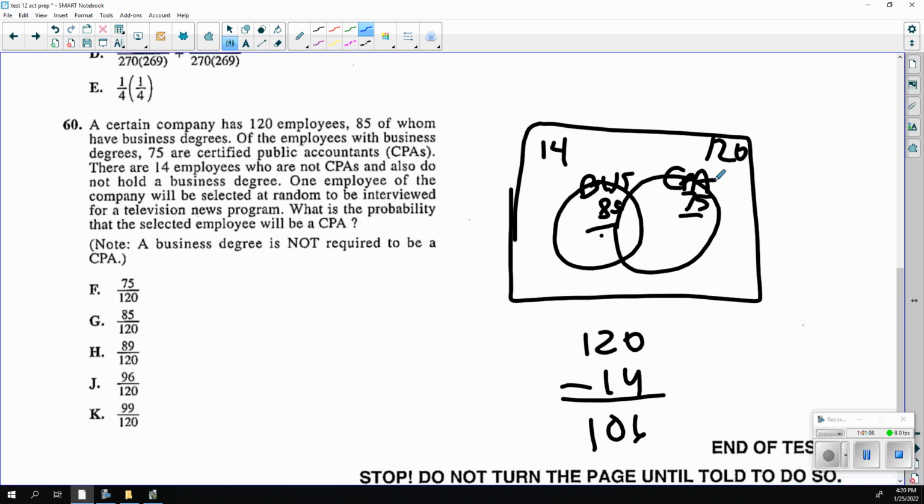I'll have to check. So let's see if this is 54. That would mean this is 21, and this would be 31.